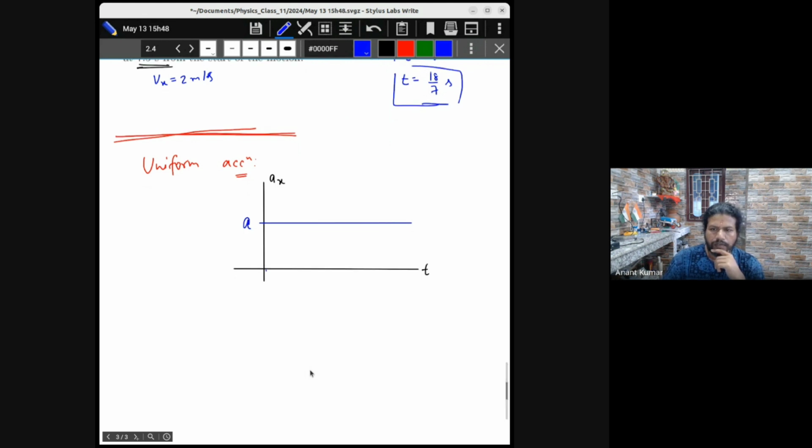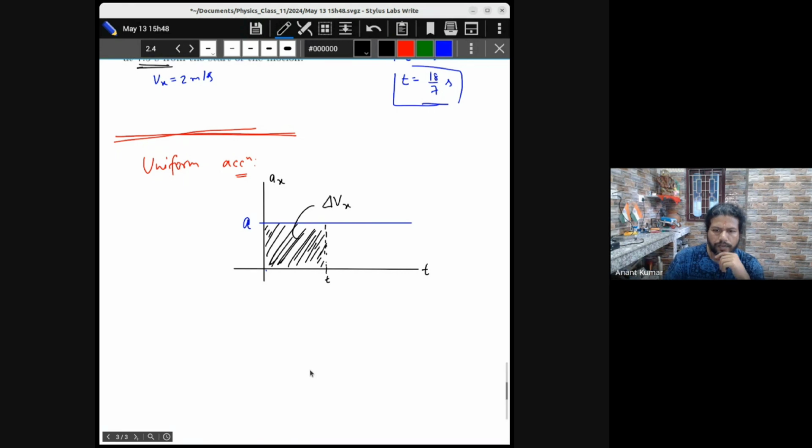Subsequently, if I wanted to look at the change in the velocity, if I just find out the area under the graph up till some time t, I know this is going to give us the change in the velocity. Isn't it? This is our delta v, right?